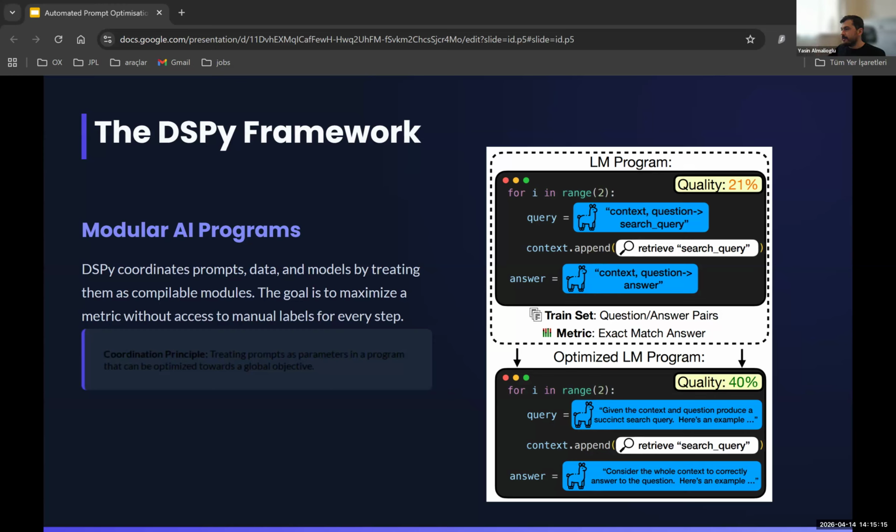That's how it starts. The goal is that we want to update these prompts to maximize some downstream metric, and we don't have any access to module-level labels or gradients. The assumption in the framework is you don't have any access to any internals of the program.